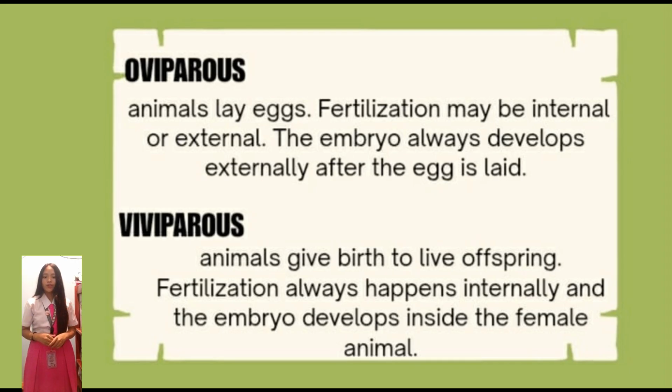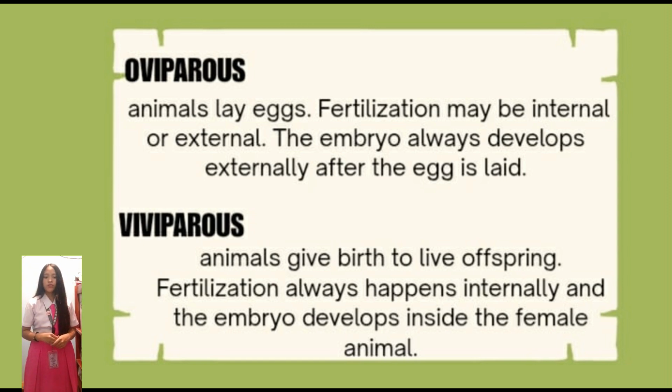We call them oviparous and viviparous. When we say oviparous, these are animals that lay eggs. Fertilization may be internal or external, and the embryo always develops externally after the egg is laid.